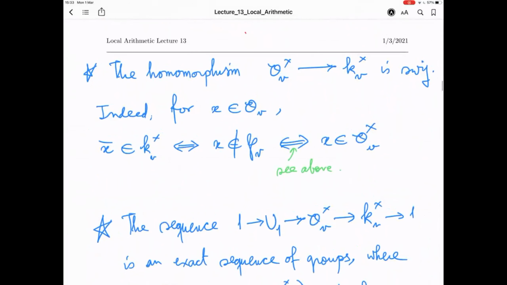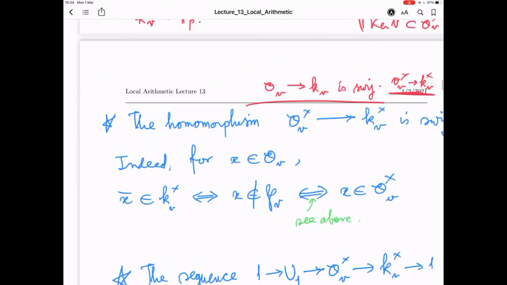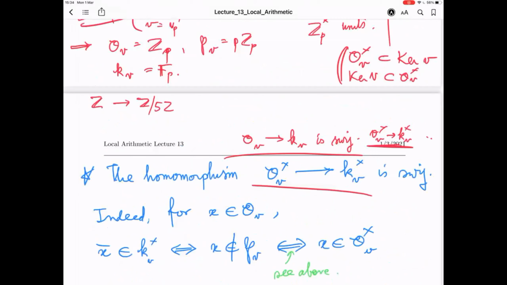Now, of course, this map from OV to KV is surjective. But that does not mean that the map from OV star to KV star is automatically surjective. That's not true in general. In this case, it's going to be true, and we are going to prove it. But in general, for example, the map from Z to Z mod 5Z is surjective, of course.